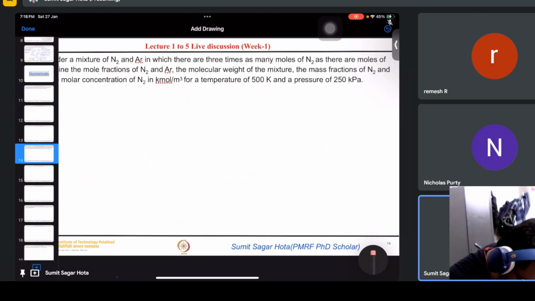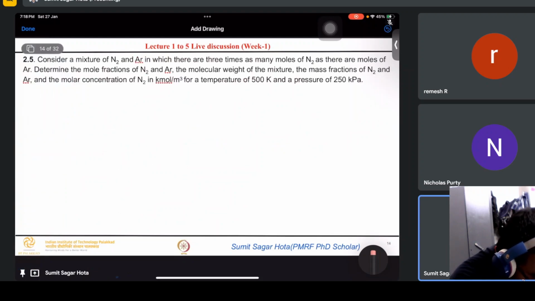Now next question. Consider a mixture of N2 and argon in which there are 3 times as many moles of nitrogen as there are moles of argon. Determine the mole fraction of N2 and argon, the molecular weight of the mixture, the mass fraction of N2 and argon, and the molar concentration of N2 in kilomole per meter cube for a temperature of 500 Kelvin and a pressure of 250 kilopascal.